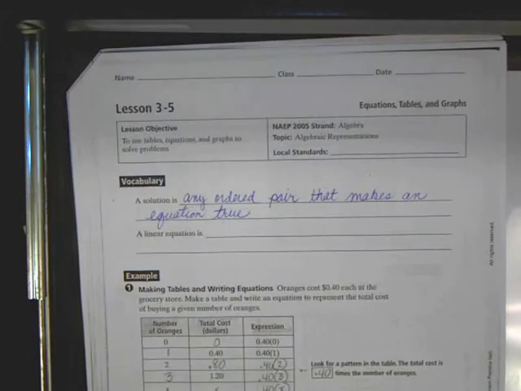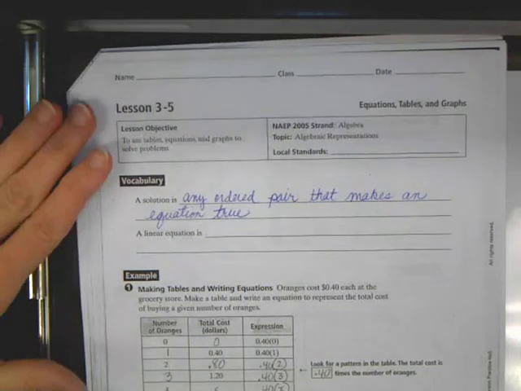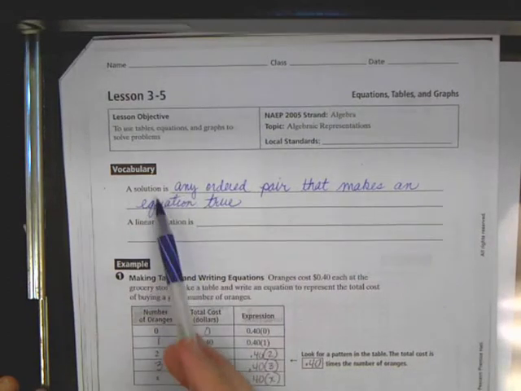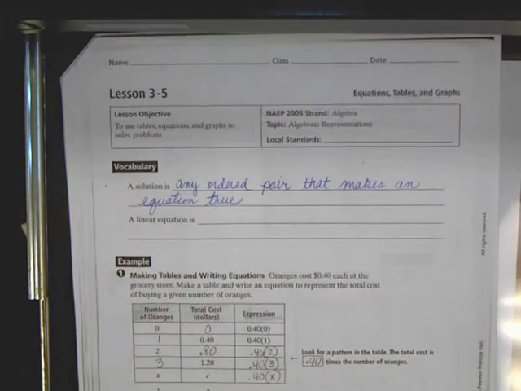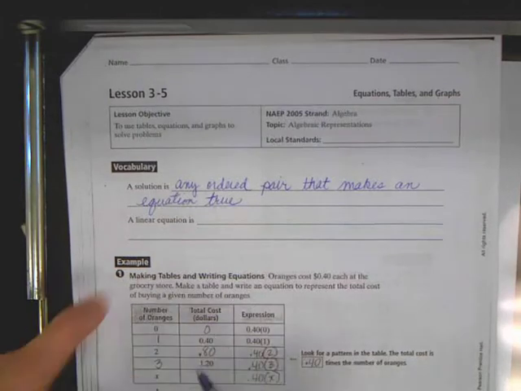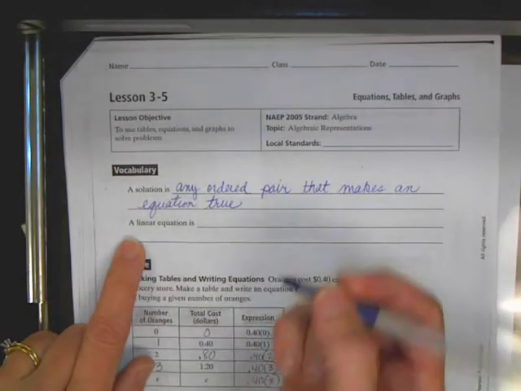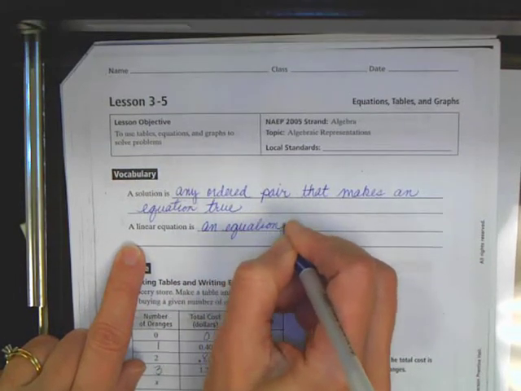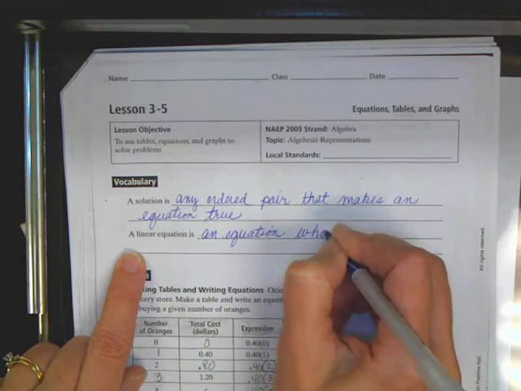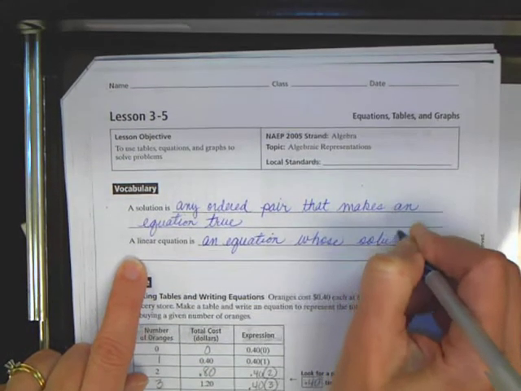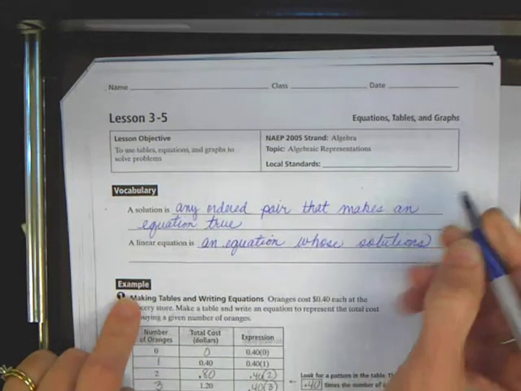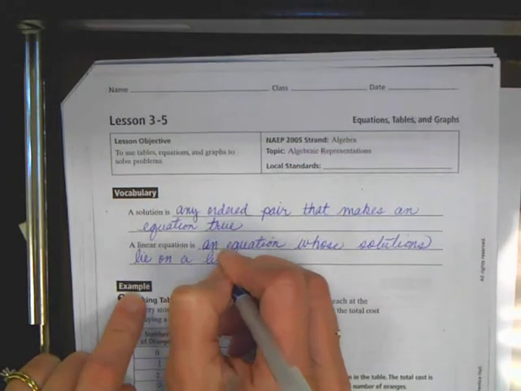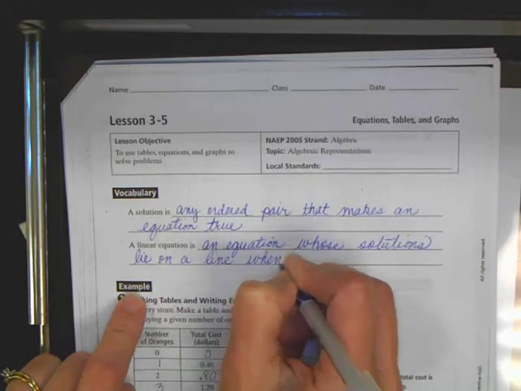Okay, so we're going to use our information from the previous section where we will be graphing on the coordinate plane as well. So we'll be able to graph some of these solutions. A linear equation, linear comes from the word line, is an equation whose solutions lie on a line when graphed.